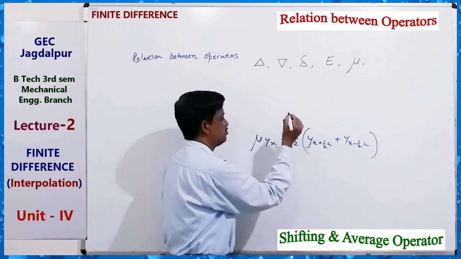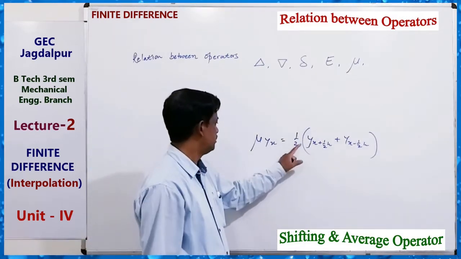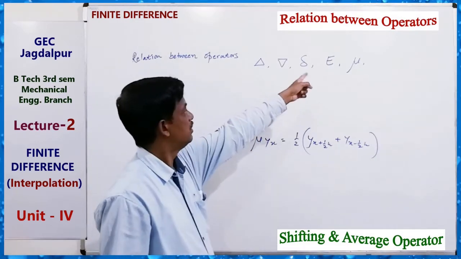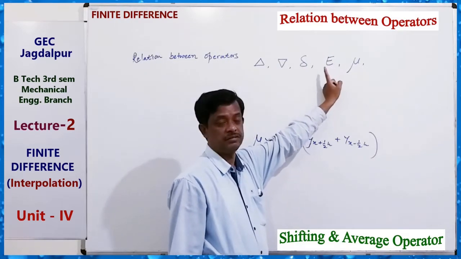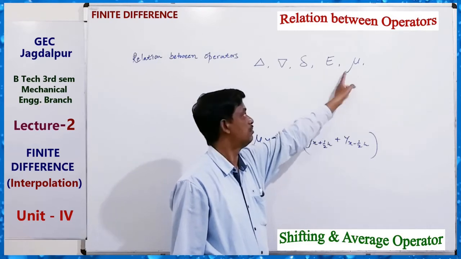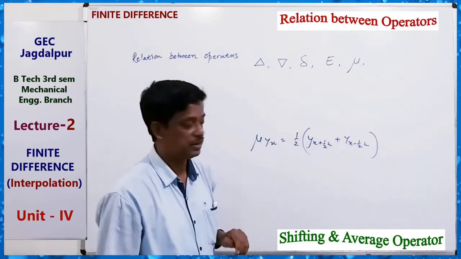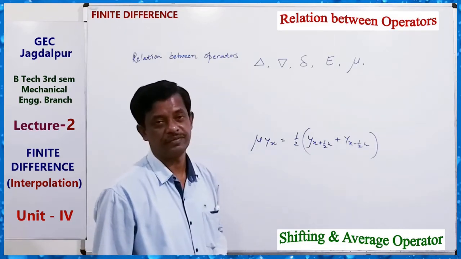Average of these two quantities. Mu means average operator. Forward, backward, central del, shifting operator, average operator. These are the 5 difference operators.